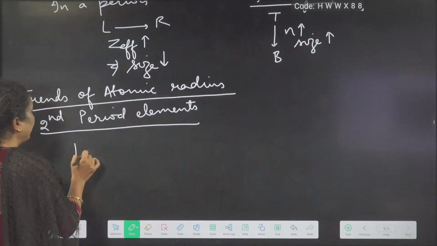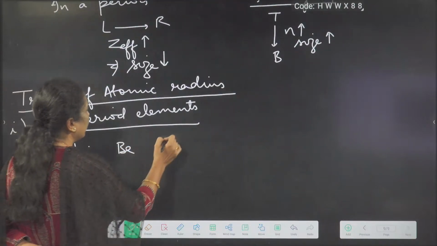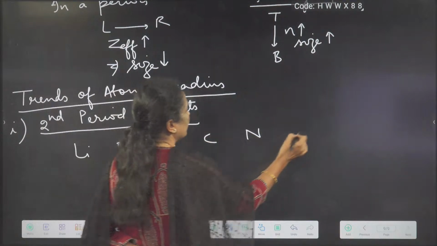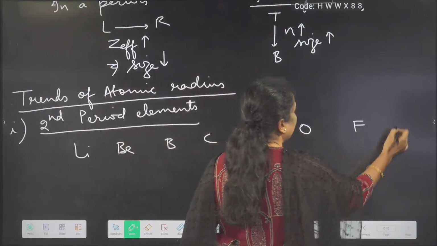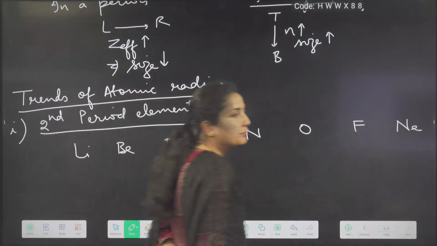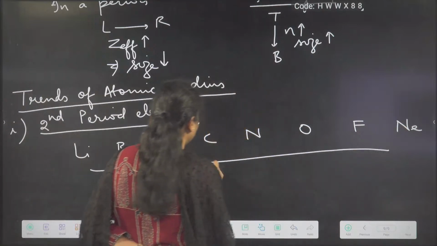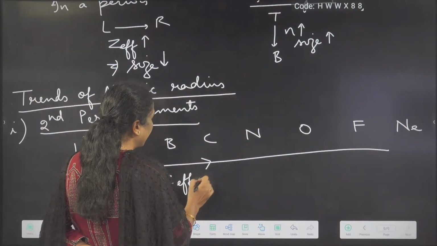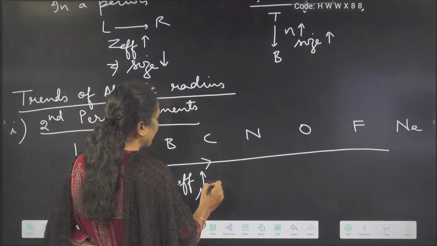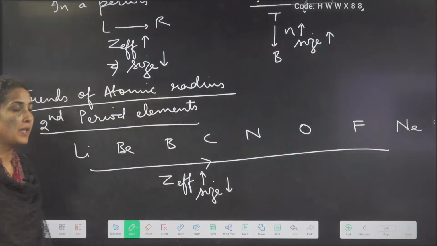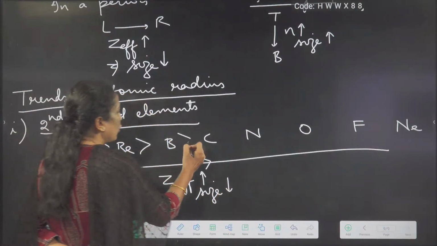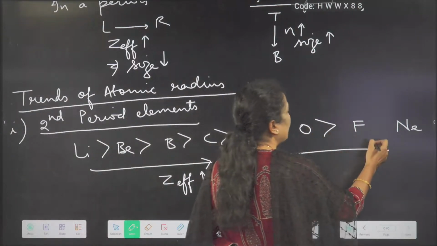Now, when I write the second period's elements, that is lithium, beryllium, boron, carbon, nitrogen, oxygen, fluorine. Let me include neon also. Now, when I'm moving from left to right, I know that Z effective increases and accordingly size should decrease. So this goes well, no problem. Up to what point? Up to fluorine.